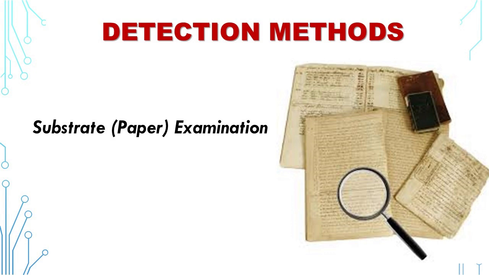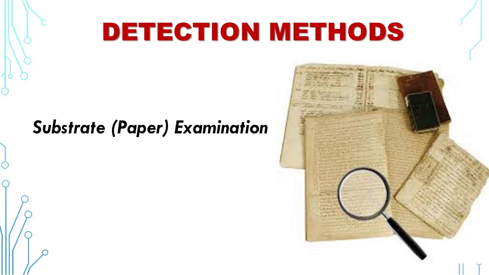Every watermark has a date that the manufacturer inserted or impressed on the paper. So by the time we see the watermark, we can identify the manufacturer, and the manufacturer can now give us the date of production.